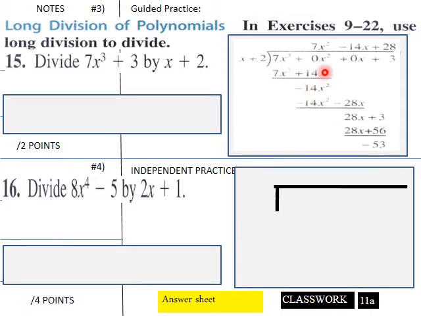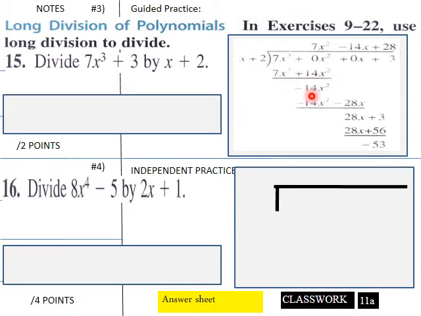Change signs and add. Then we get negative 14x squared. Drop this down, although in this situation here we have negative 14x, we don't even put that here. You can do that, but I would put the 0x just to keep track of things easier.